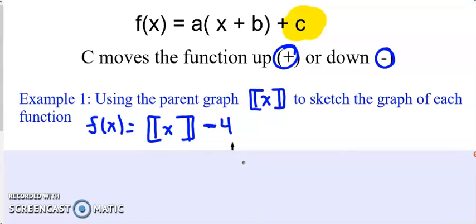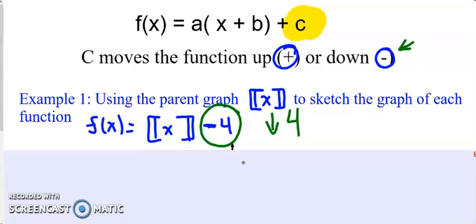So here we have f of x equals the greatest integer function of x minus 4. Because we're dealing with a plus c on the back of it, that's the c itself. Since it's a negative c, we're going to move it down 4.